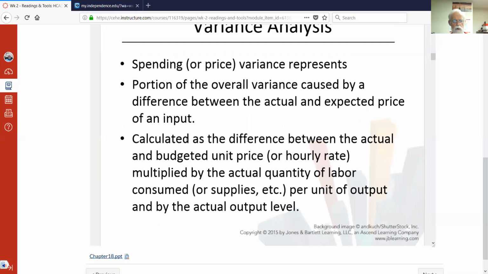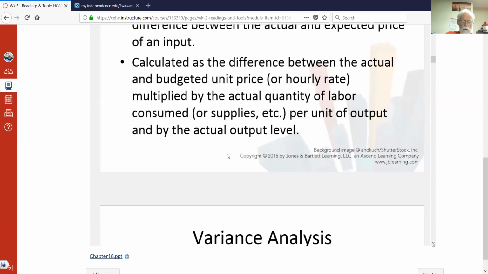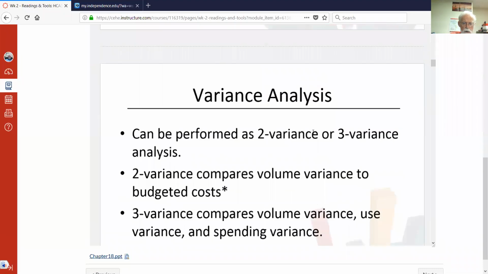We can look at the difference between actual and budgeted unit price. This could be the unit price of, say, meals, or it could be the hourly rate of our labor, or supplies. And so we look at that per unit of output, meaning basically how much money has come in as a result of that, and how much actually came in.